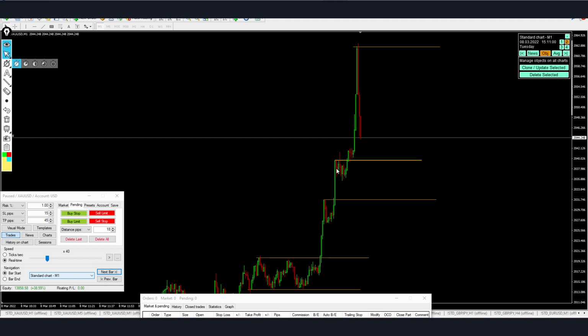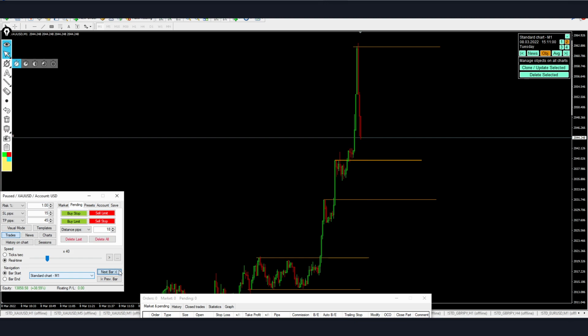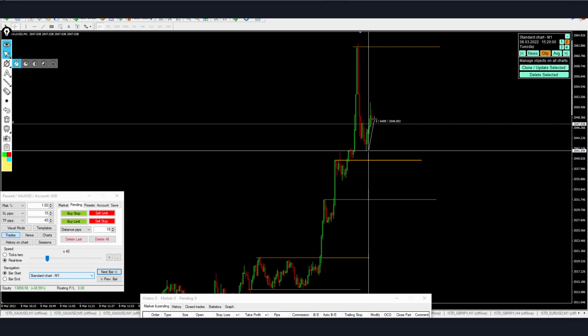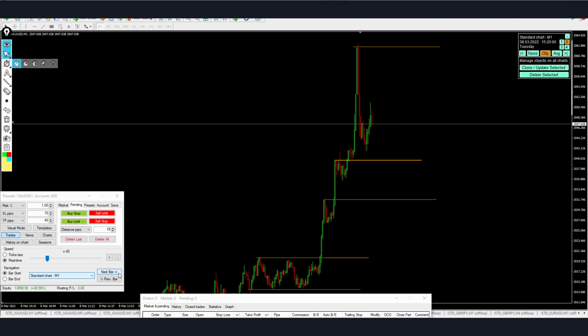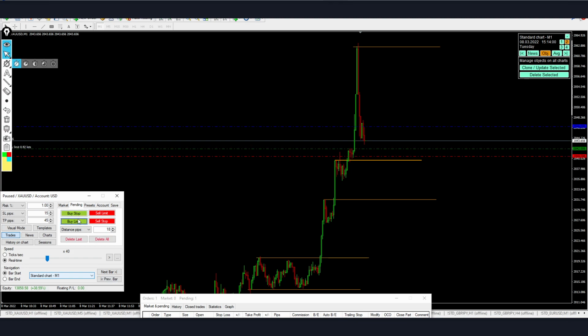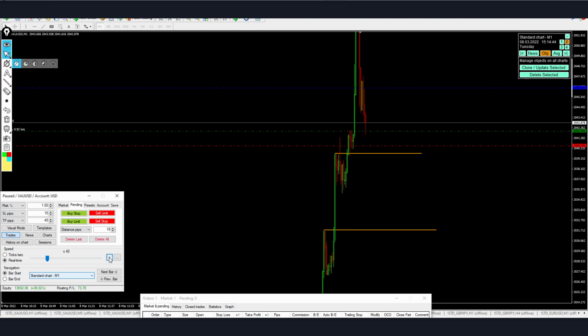I'm not really trusting taking the buy over there with my stop loss. It would have been a 100 pip move. Yeah, okay. So if I had my buy limit over there, 15, auto break even at 25.